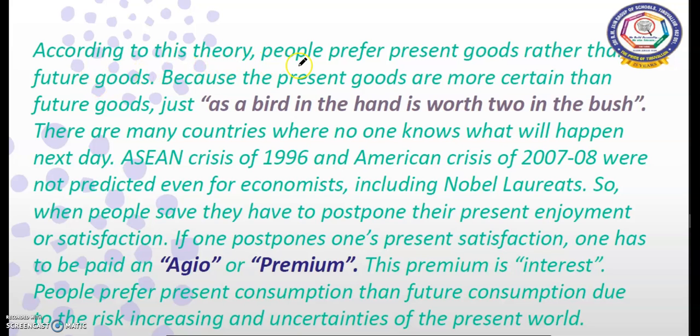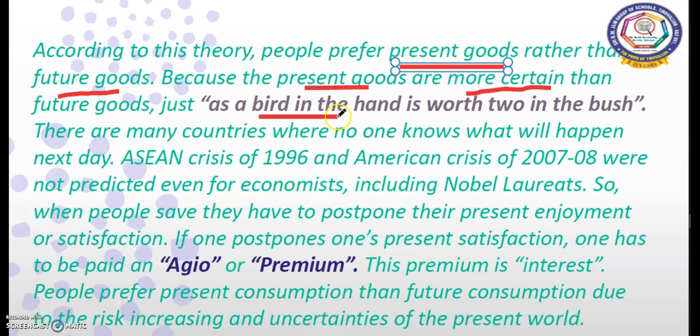So according to this theory, people prefer present goods rather than future goods. People give more importance to the present goods than future goods, because present goods are more certain than future goods. Here they have given one proverb: a bird in the hand is worth two in the bush.